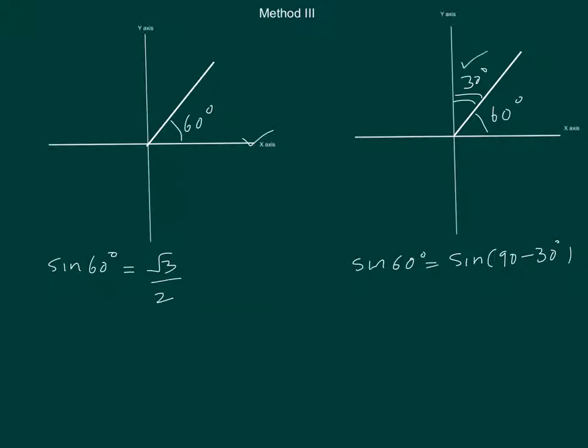Clearly, this is the reference angle. So now the rule applies. Sine will change to cos as y-axis is the line of reference, and sine is positive in the first quadrant. So sine 60 is equal to cos 30, which is equal to root 3 by 2.